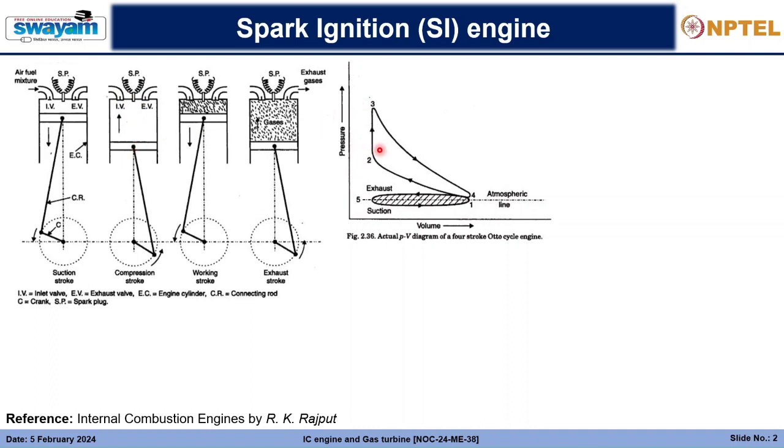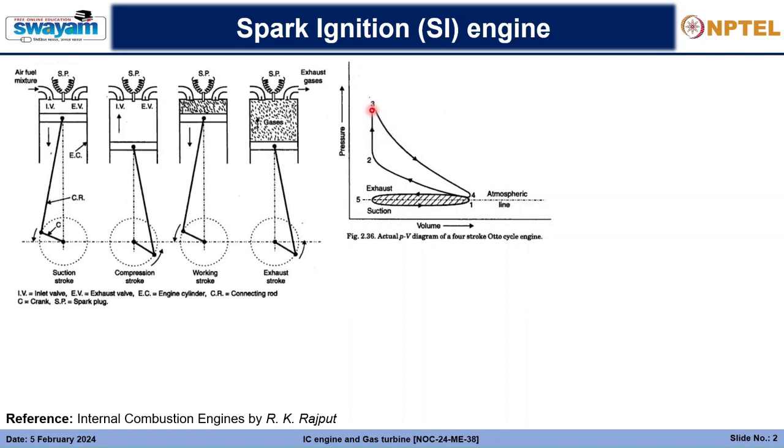So the pressure you see between 2 to 3, that is when it is very near to the top dead center, the pressure rises at a very, very small volume difference. Hence we can call it an isochoric process, a constant volume process, and accordingly the heat is added here. So the heat added in this kind of engine is a constant volume process.